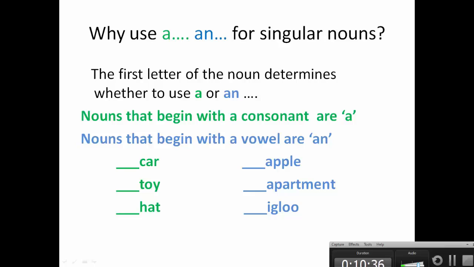The words apple, apartment, igloo all begin with a vowel. For this reason, it would be an apple, an apartment, an igloo. An apple, an apartment, an igloo. A car, a toy, a hat.